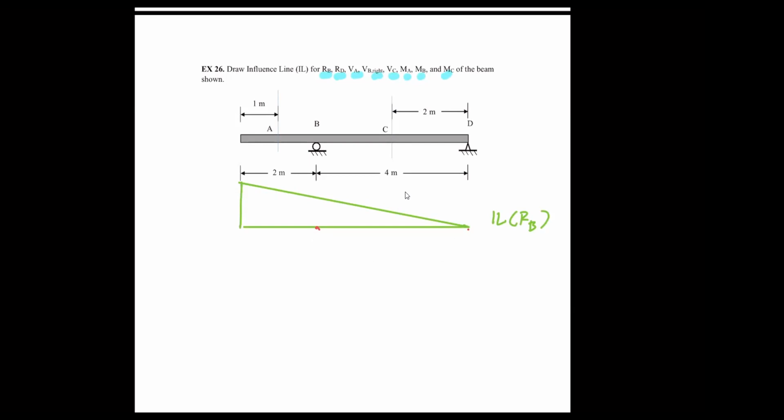Now I know that when the unit load is right on top of B, surely RB has to be equal to 1, right? So that means I know that this is 1. And when I know that this is 1, I can use the similar triangle to figure out how high that is.